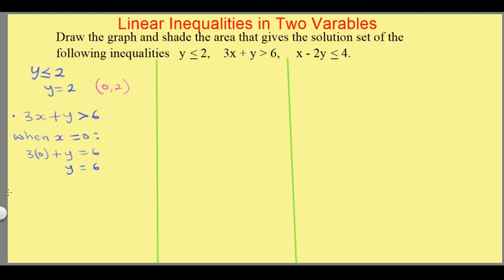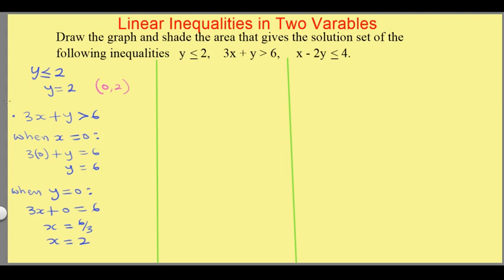So when y is equals to 0, what will be the value of x? That becomes 3x plus 0 equals 6. X is equals to 6 divided by 3. X is equals to 2.